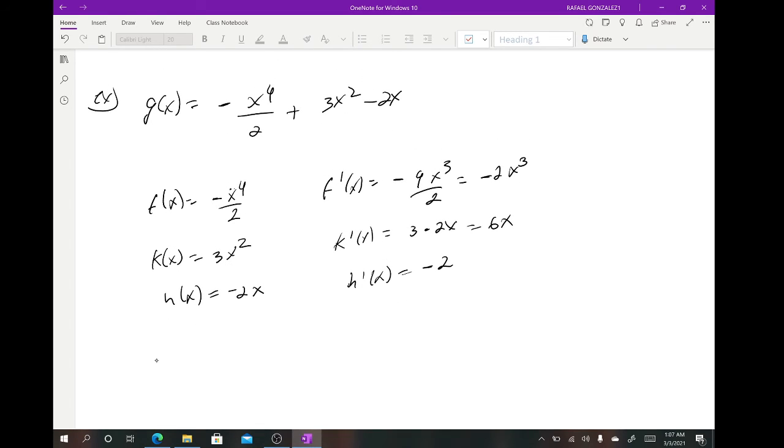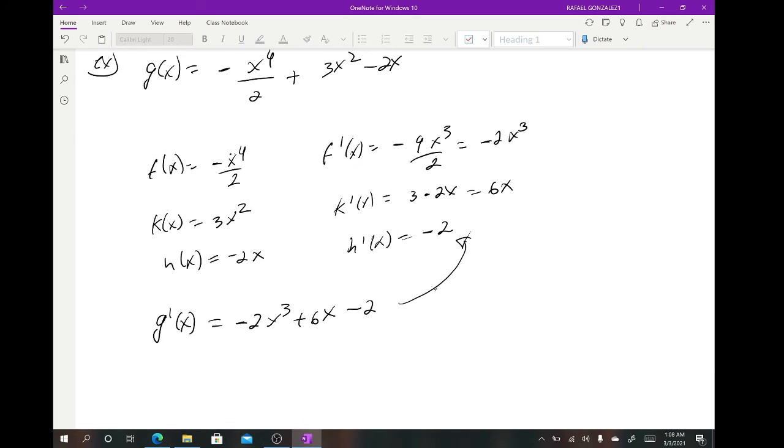Okay, so what do we have here? We have that g prime of x, the derivative of g, which is what we were interested in, is simply negative 2x cubed plus 6x minus 2. We simply put everything together.